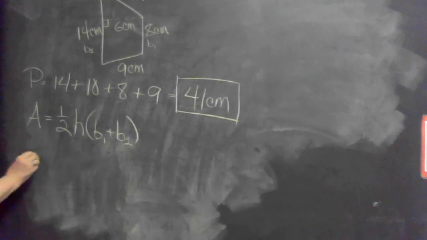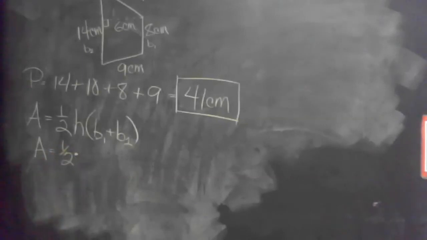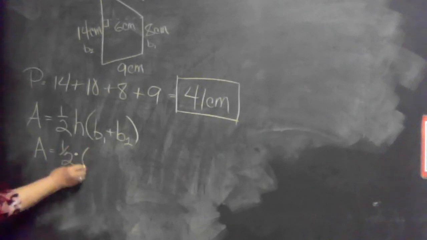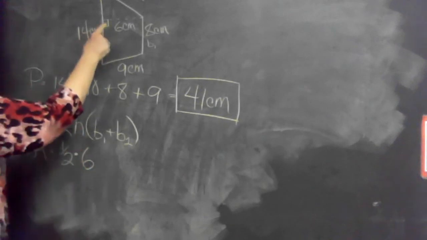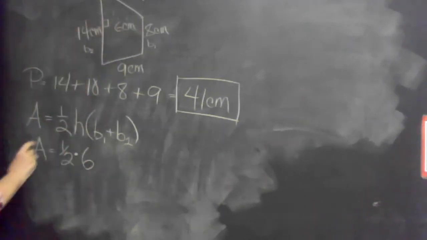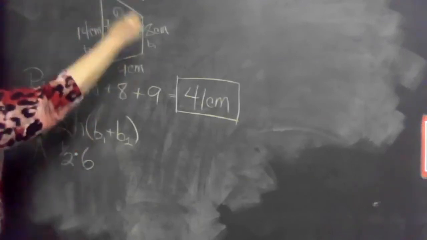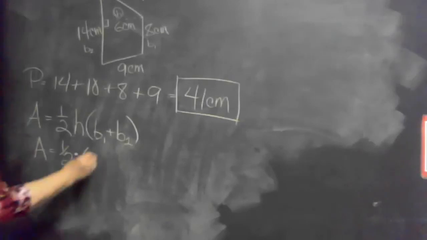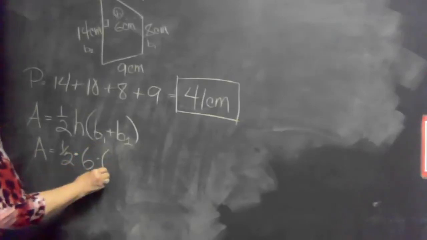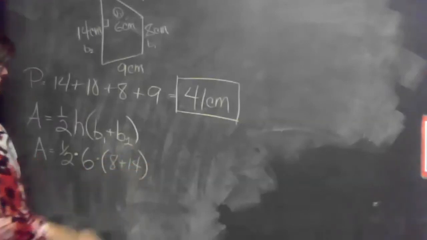So when we fill this in, we're going to have area equals 1/2 times, what's H? 6. 6, that is exactly right. 6 has to be perpendicular to the base. Okay, so this is the height. It's not one of the sides because they're not perpendicular. Times base 1 plus base 2.